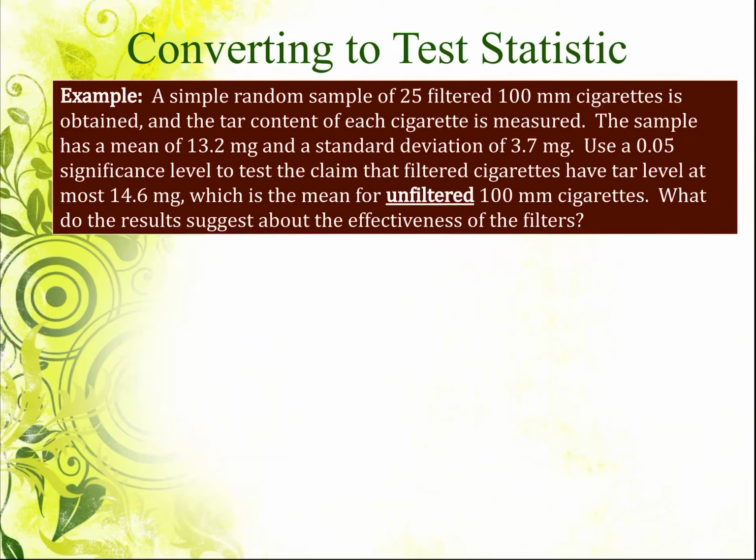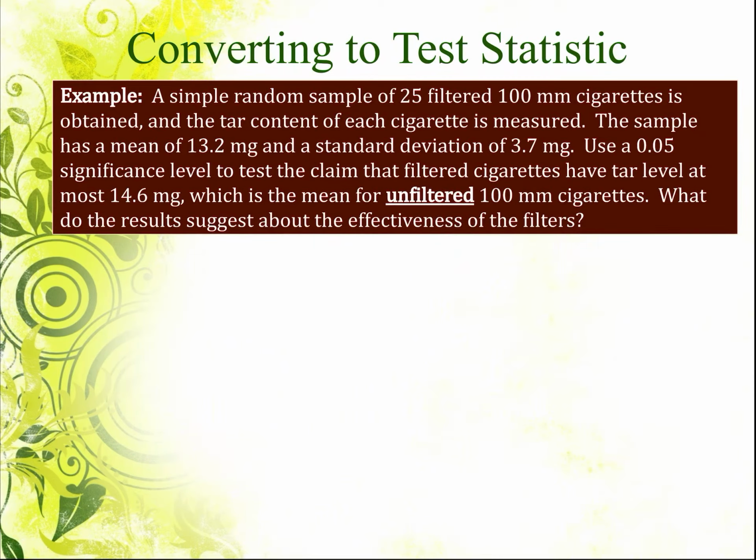A simple random sample of 25 filtered 100 millimeter cigarettes is obtained, and the tar content of each cigarette is measured. The sample has a mean of 13.2 milligrams and a standard deviation of 3.7 milligrams.